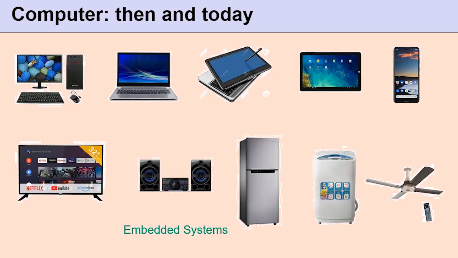These systems reside inside some other device and help that device to operate properly. They read various inputs from the sensors attached to the device and then produce the required signals so that the device can function in a smart way and also a more efficient way compared to their traditional counterparts.